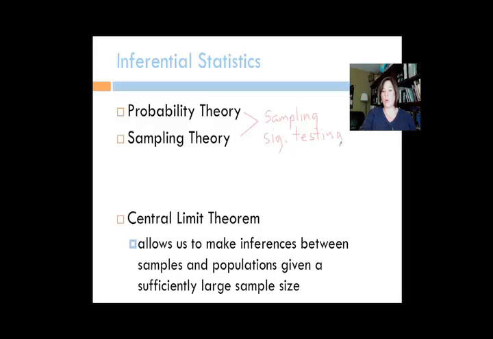It underlies some of the estimation techniques that we use in statistics. And I'll just throw one out there for you. Maybe you've heard it before, called maximum likelihood estimation. We're not going to be getting too deeply into that in this course, but it's an estimation technique in statistics. And so these two types of theoretical frameworks underlie what we can do in inferential statistics. With sampling theory, we can make sure that our sample is representative of a population so that we can generalize the results to that population.